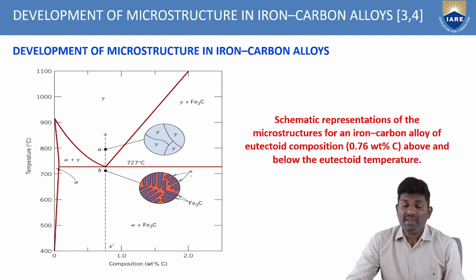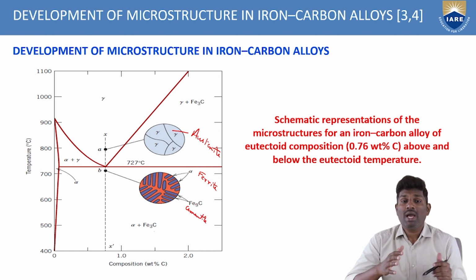That is the ferrite and cementite combination. Both ferrite as well as cementite you can observe here. Here you have completely austenite, and here you have ferrite and cementite.